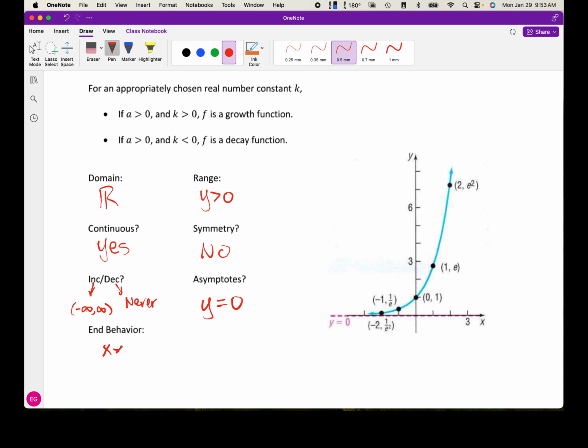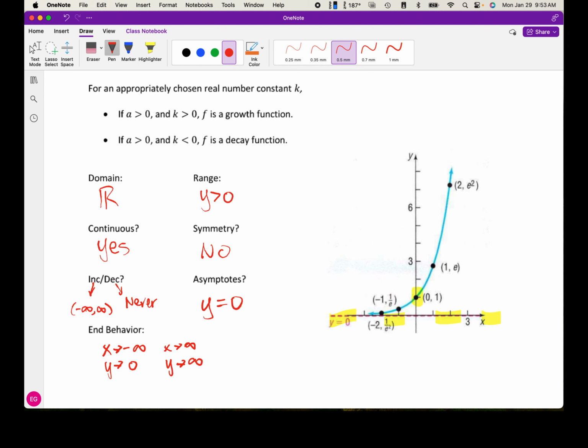And our end behavior is exactly the same as what it was. We're going to use this notation and not our limit notation that we could use if we really wanted to. Now, if I ever ask you to graph something that has e as the base, you're going to graph a single point and the asymptote, and that's all, okay?